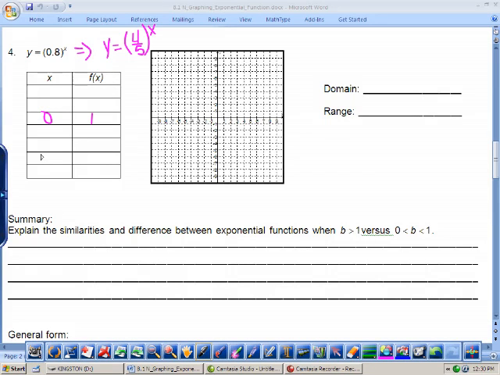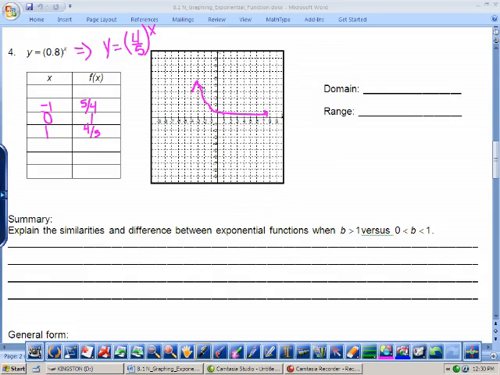That's always on my parent functions. What if I plug in positive 1? Just going to get 4/5. What if I plug in negative 1? Good, it's going to flip it, right? 5/4. So think about your graph. What's happening to it? It's decreasing. So is this exponential growth or decay?